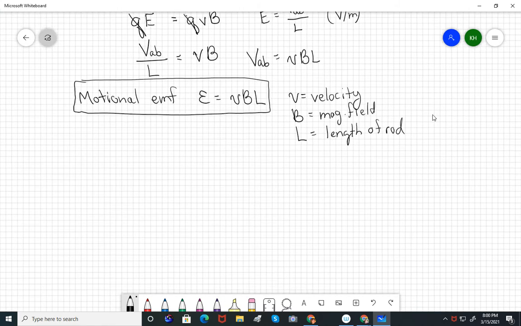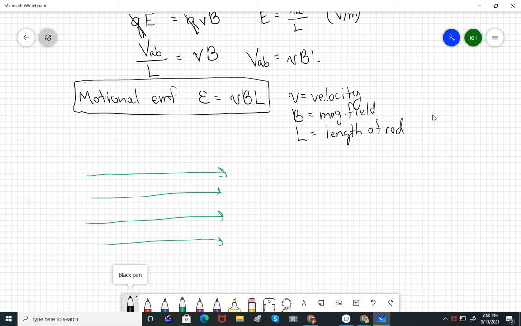If, for example, you had a magnetic field that pointed this way, and you had the rod pointing this way but going like this, there would be no EMF induced.